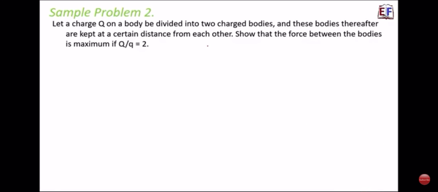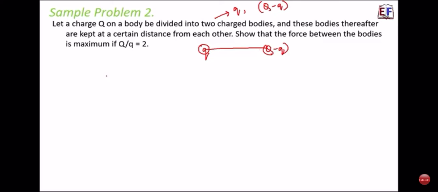Assume that these 2 charged bodies are q and capital Q minus small q, because if one is small q, the other has to be capital Q minus small q. Right? The question says that this is q and this is capital Q minus small q, and they are separated by a certain distance from each other. Right? We have to show that the force between them is maximum if Q by q is 2.